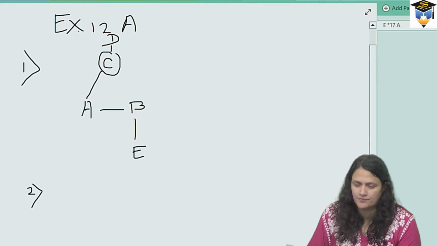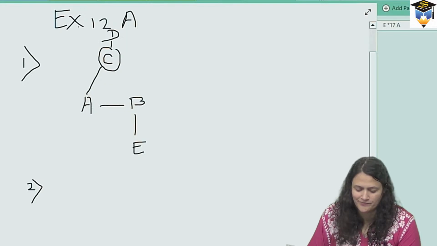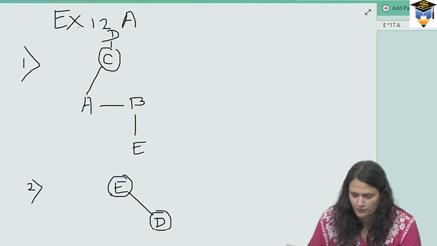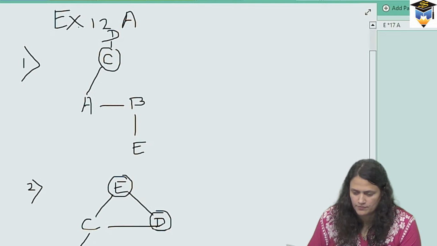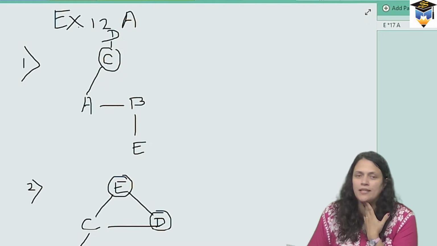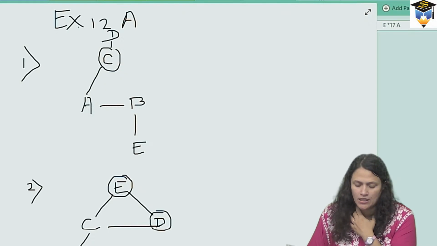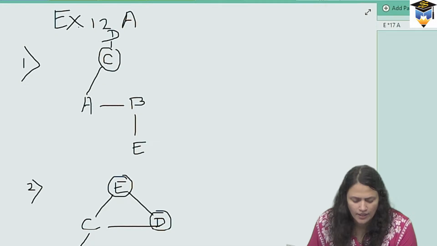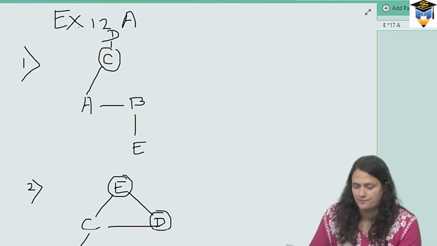Second question. Let's do it quickly. So B is dash of E. How is B related to E?